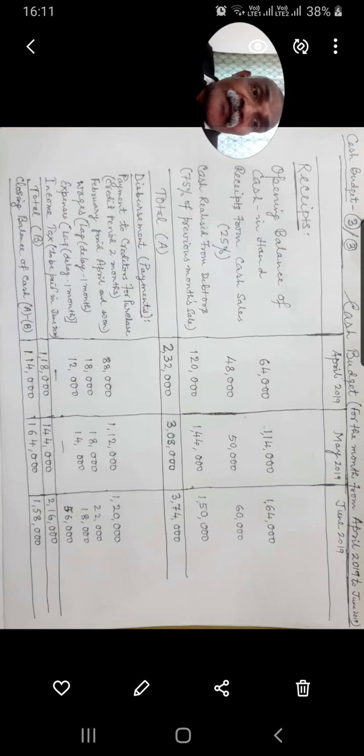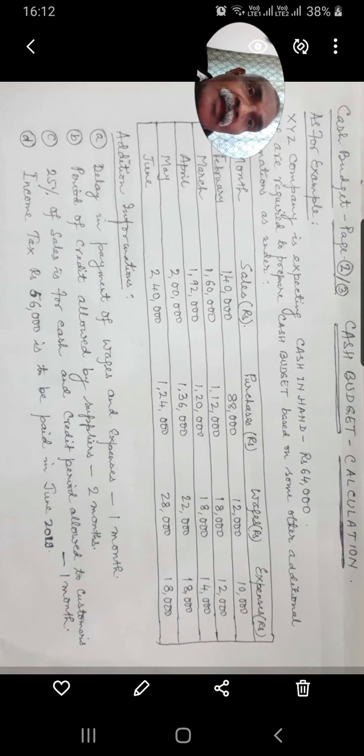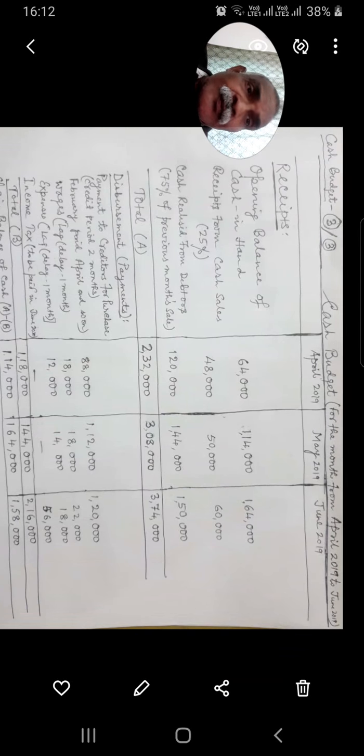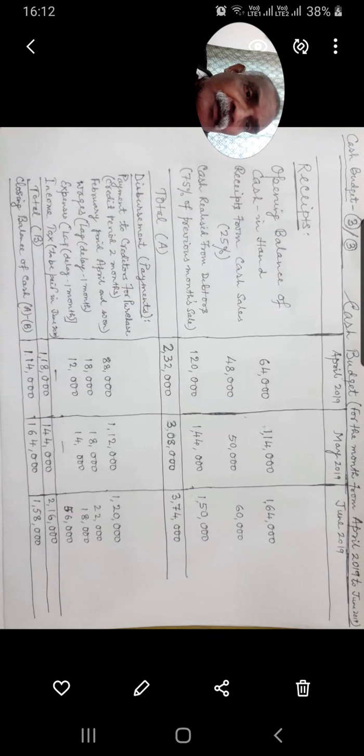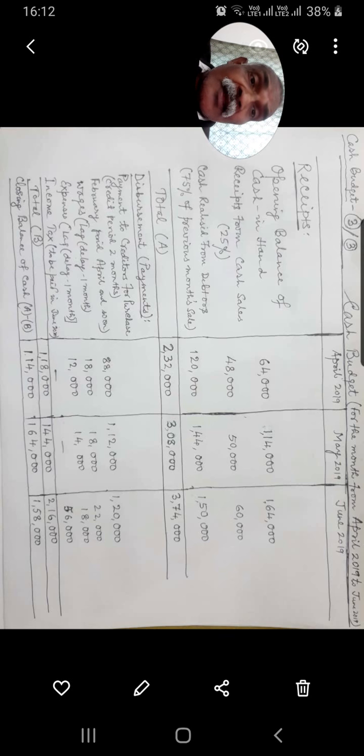Now payment to the creditors in the month. Purchase is how much in the month of April? Purchase is 1,20,000 rupees. So in the month of May, you have to pay to the creditors from whom you purchased goods in the month of March.